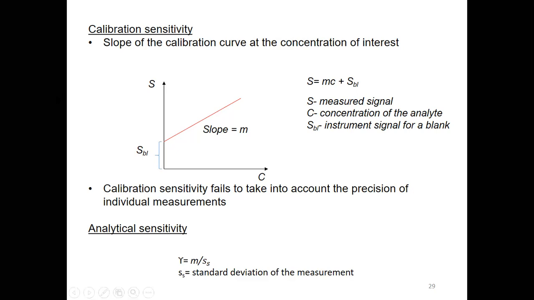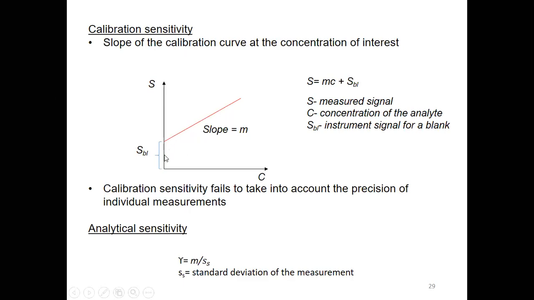But when we report the calibration sensitivity, there's a small disadvantage. The calibration sensitivity fails to take into account the precision of the individual measurement. The slope gives the overall measurement, right?